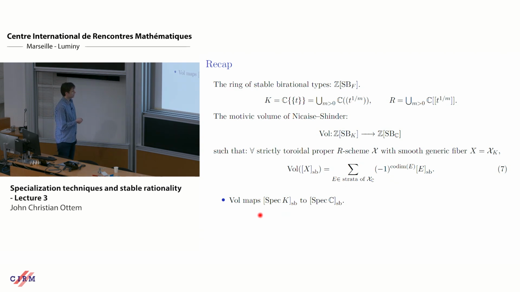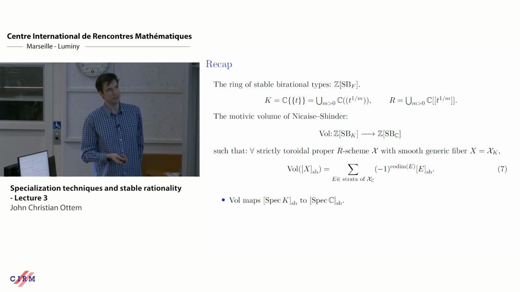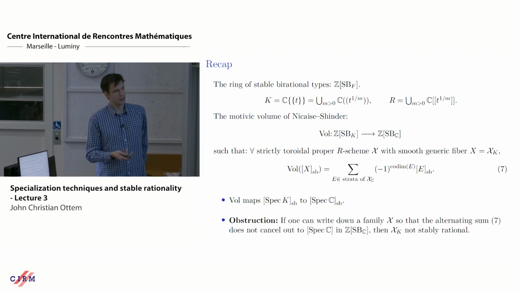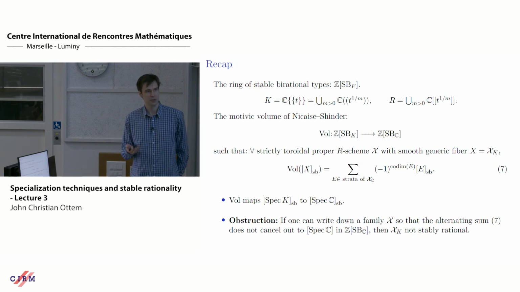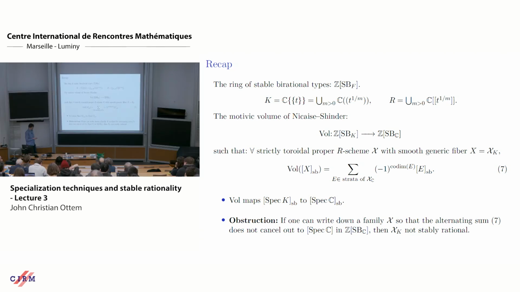And one very basic observation is that the volume maps Spec K to Spec C. Like you could take the trivial family over R. But this is actually a very useful observation because it provides an obstruction to being stably rational.